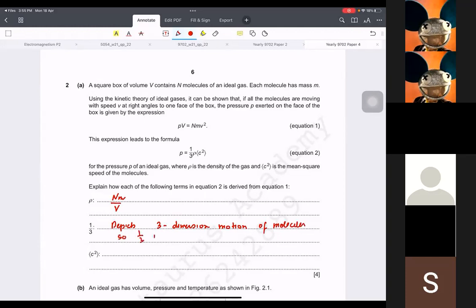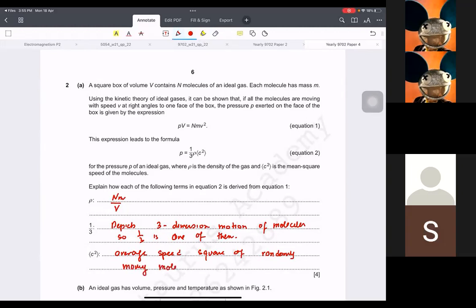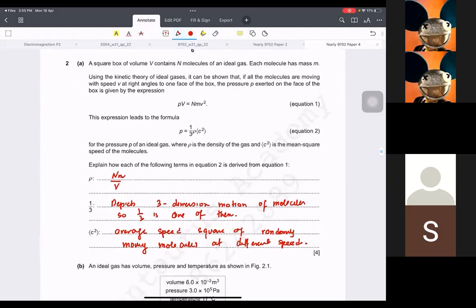And c squared is the average speed squared of randomly moving molecules at different speeds. It should be written like this.